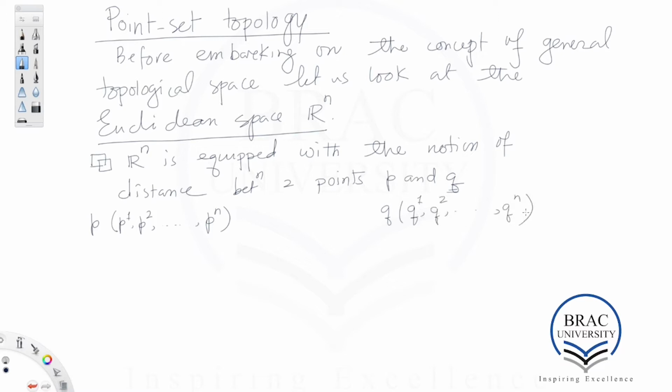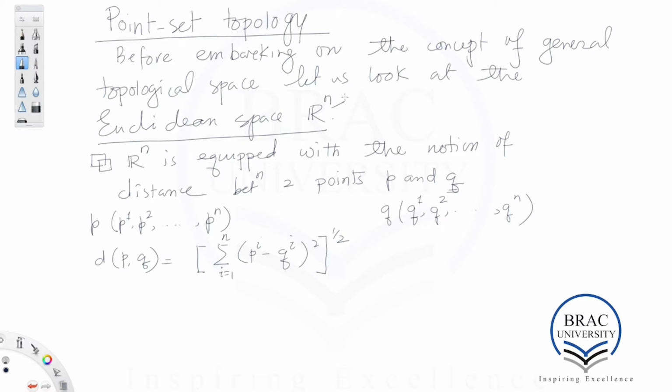So how do we define the distance between these 2 points? We all know that this is nothing but this guy, the Euclidean distance between 2 points in the given Euclidean space of dimension n.